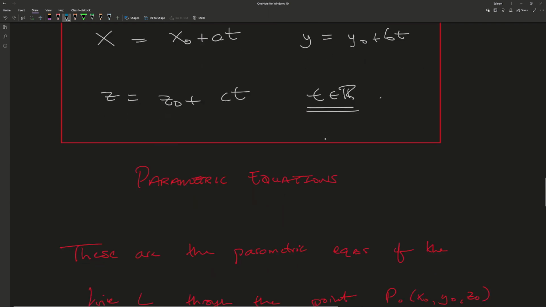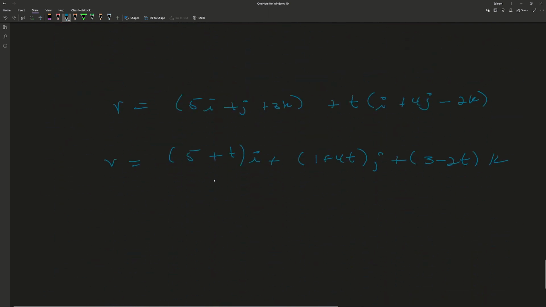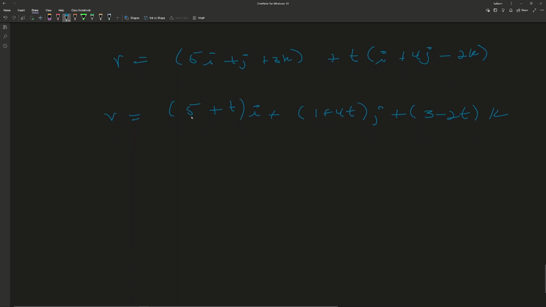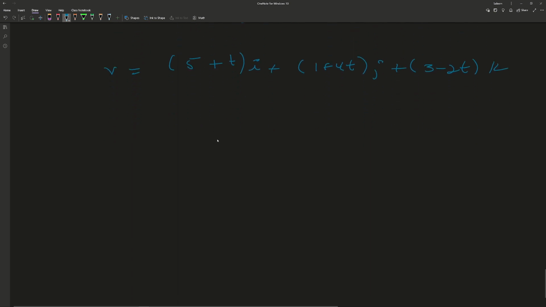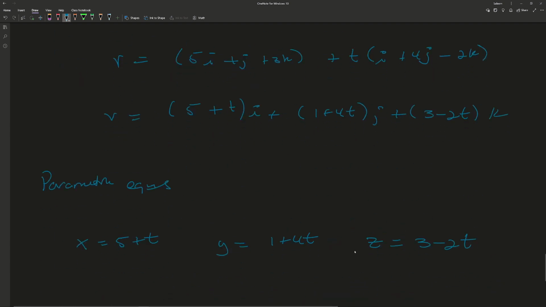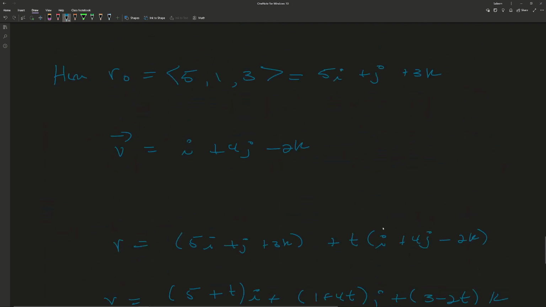We already factorized out the i, so it will be this plus this, which means that my parametric equations are x equal to 5 plus t, y equal to 1 plus 4t, and z equal to 3 minus 2t. That is my vector equation and my parametric equation. This is how we would do this.